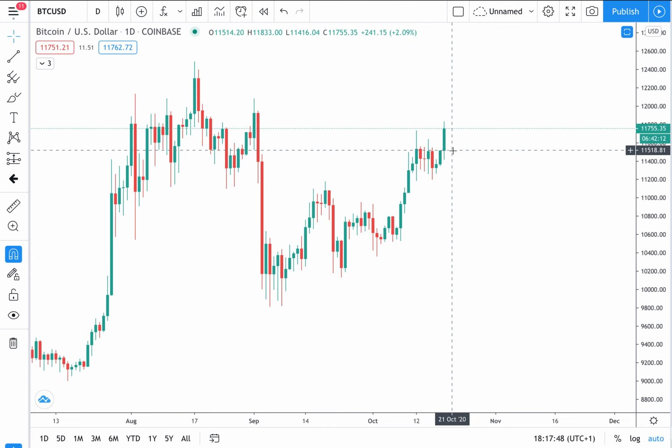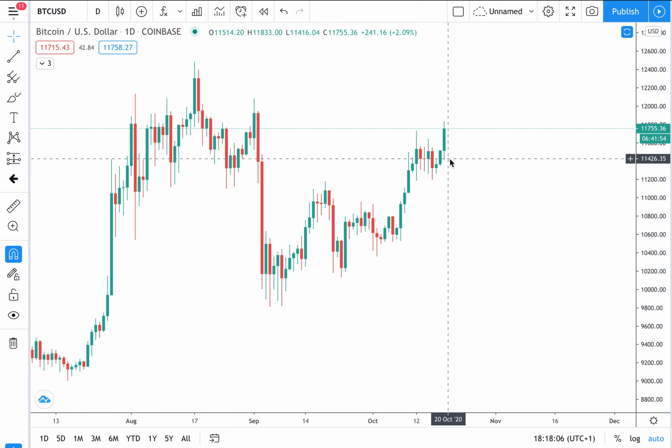So it has to align with where we opened with. Again, 11,512 is where we opened with. Now, what actually happened, and this is how the wicks tell you a story of what happened to price action during the day, is we actually started the day with a dump, and we went all the way down to 11,420.